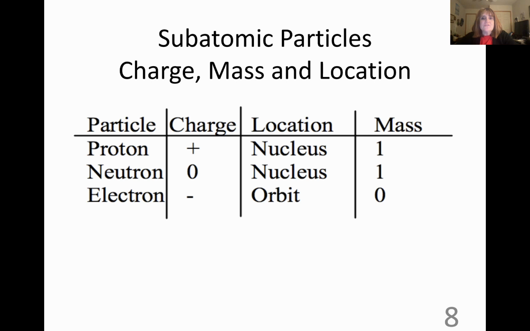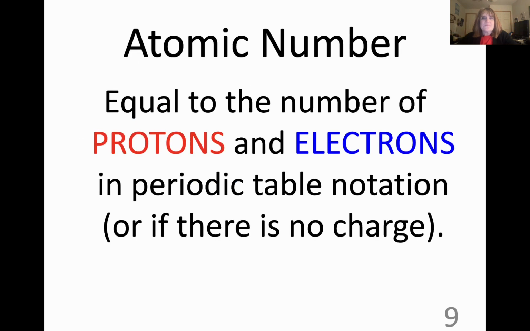Neutrons have no charge, are located in the nucleus, and also have a mass of 1. And electrons have a negative charge, are located in orbit around the nucleus, and for all intents and purposes have a mass of 0. They don't actually have a mass of 0, but compared to the mass of a proton and neutron, they have a mass that is negligible, so we call it 0.